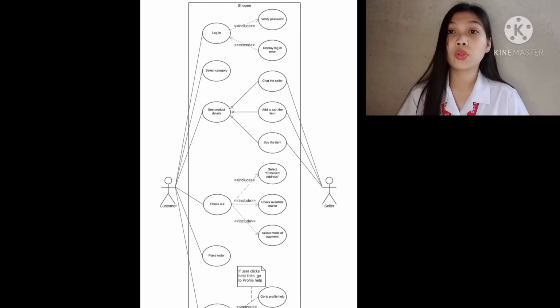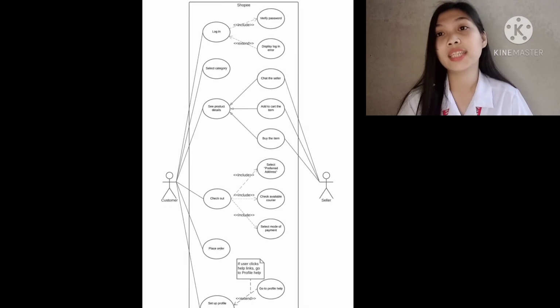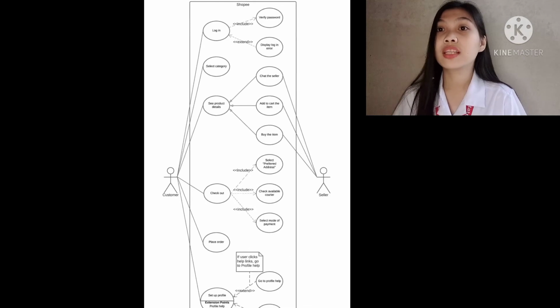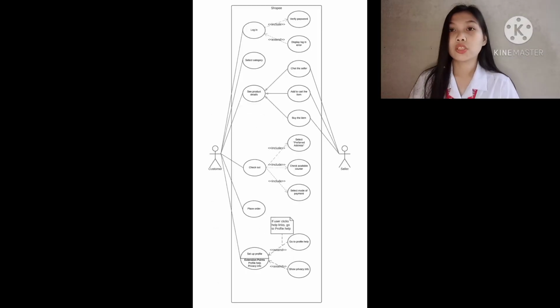Now we will create two new use cases: the verify password and also the display login error. When the customer wants to buy items in our Shopee, we will contact the seller.